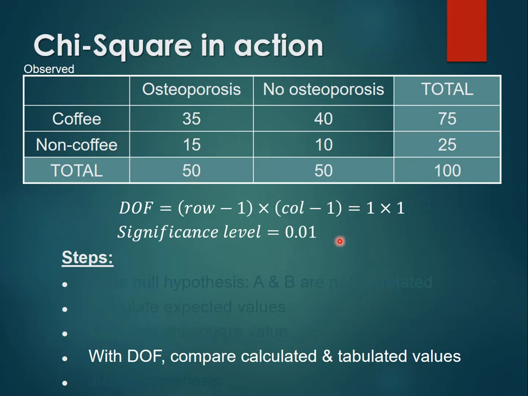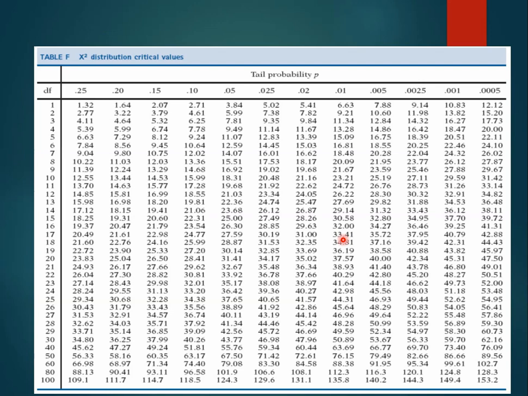Using both of these values, the degree of freedom and significance level, we need to refer to the tables. This is the chi-squared distribution critical values table. This df is the degree of freedom, and the significance level is 0.01.